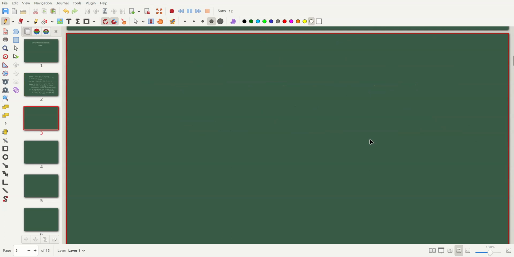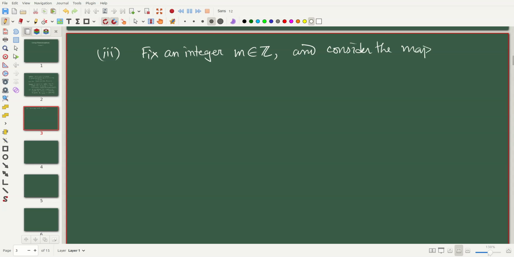Now let us see some non-trivial examples. Fix an integer m and consider the map phi m from Z to Z. You know that Z, the set of all integers, is a group with respect to addition.